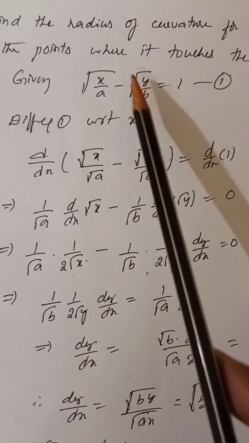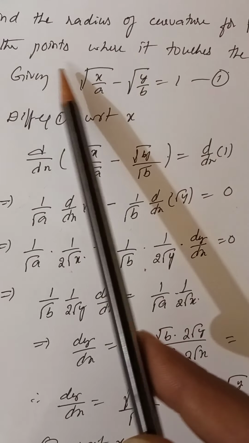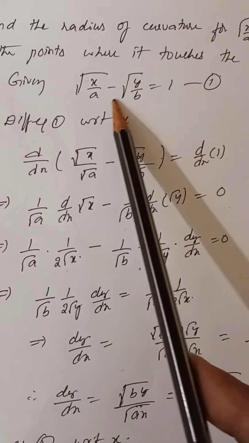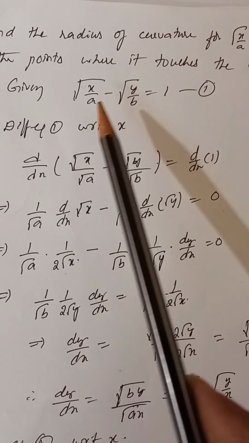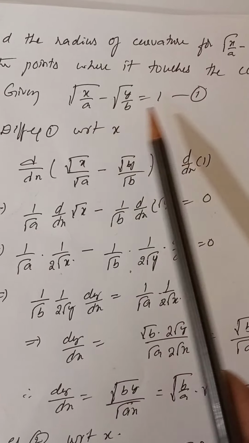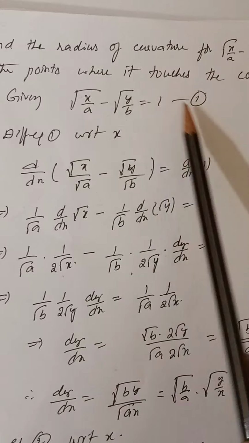Now if you take LCM, what you will get? Root b into root x minus root a into root y by root of ab is equal to 1. By cross multiplying, root b into root x minus root a into root y is equal to root a into root b, you will get, right? Here the reason is by using equation 1, by taking LCM and cross multiplication, you will get this value equal to root a into root b.